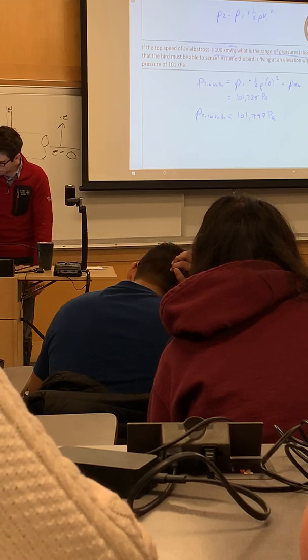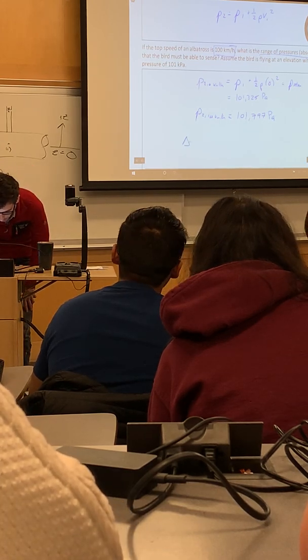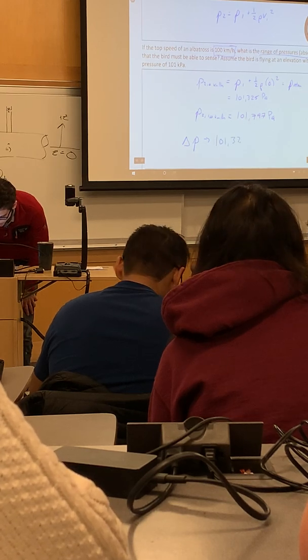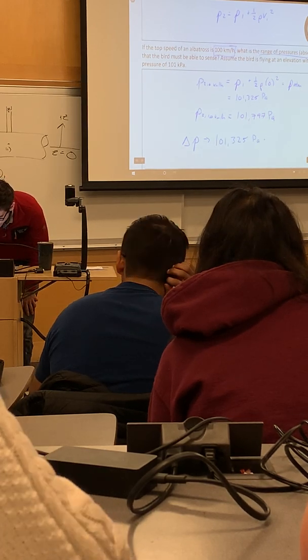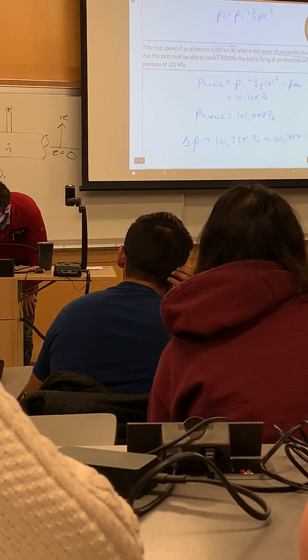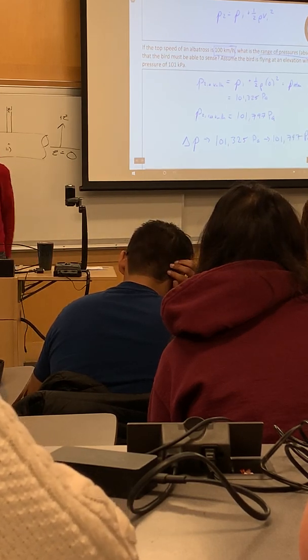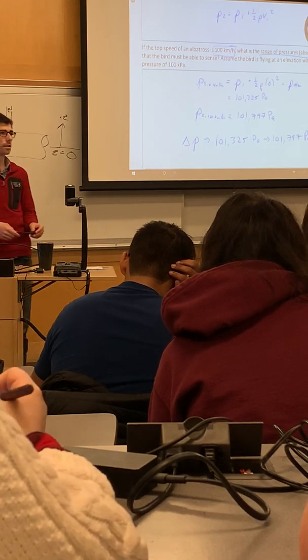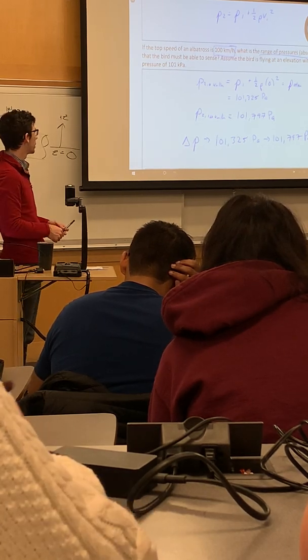Okay. So the range of pressures, delta P, that this bird needs to sense is 101,325 pascals to 101,797 pascals. Cool, right? Albatrosses can do fluid mechanics.